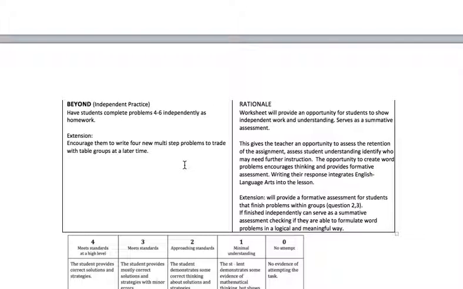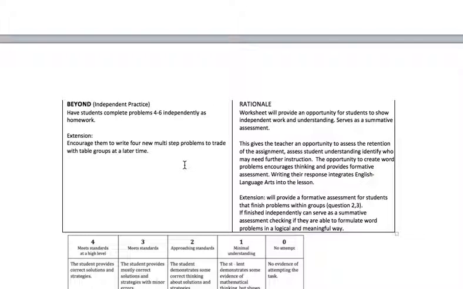The extension is at the end: I'm going to encourage them to write 4 new multi-step problems and trade them the next day during our math group. This gives me an opportunity to assess the retention of the assignment and the students' understanding. I can tell whether they need further instruction or we can move on.